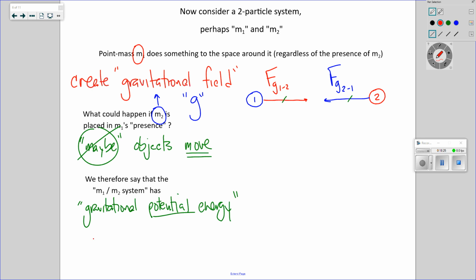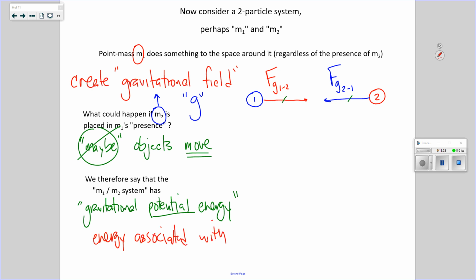I call this energy associated with objects' position relative to each other.